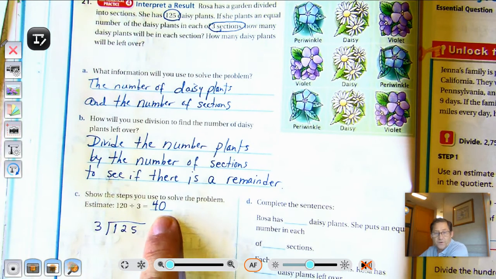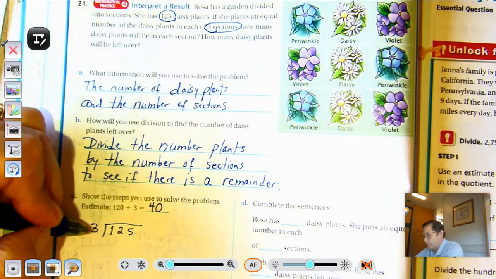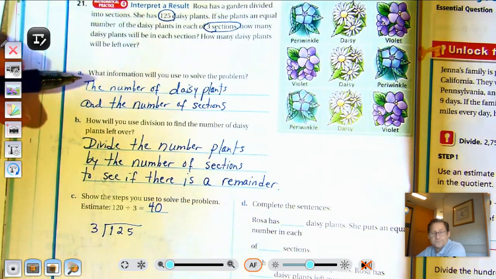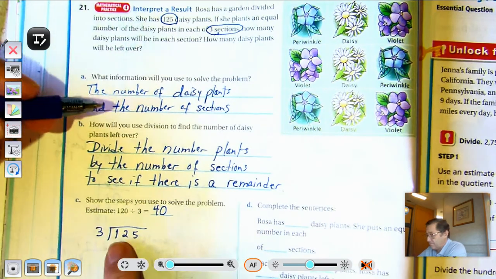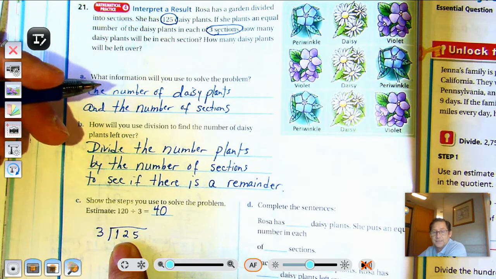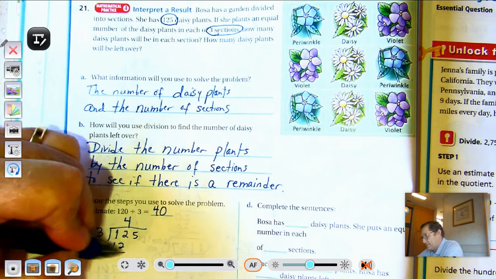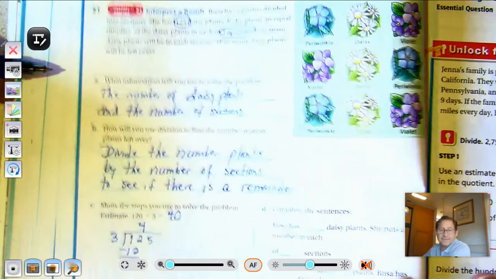Based on our estimate, we know our first digit is going to be in the tens. So I can't share 100 with 3 groups. So let's rewrite that or think of that as 12 tens. 12 tens divided by 3 is 4 tens. 3 times 4 tens is 12 tens.